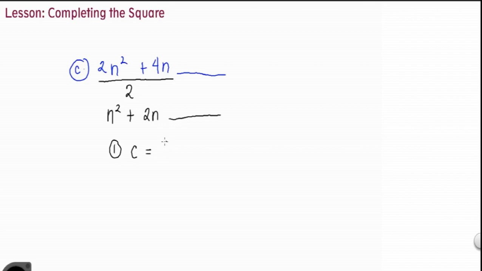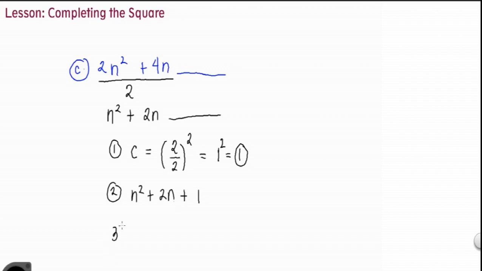Okay? So our b here is 2. Then we take half of that, then square it. Okay? Then if we simplify this, we have 1 squared, and we know that 1 comes out of that. Okay, we got our completed square. So we have here n squared plus 2n plus 1.